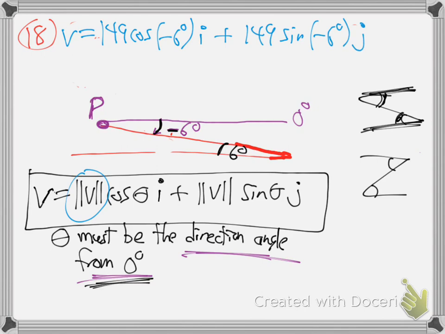And then we just use our calculator. Just hit the buttons from there. Just want a decimal. So let's crank that out. So that's 149 cosine. Make sure you're in degree mode.